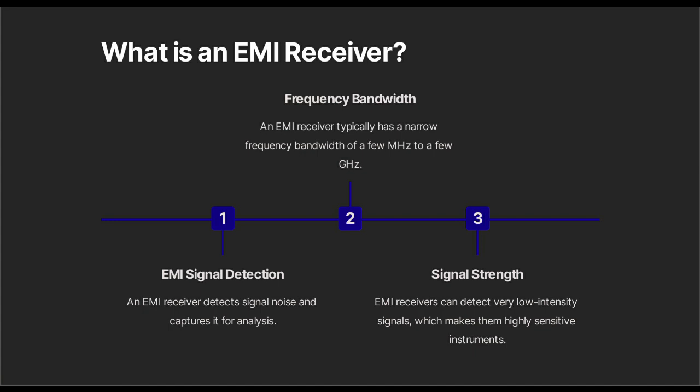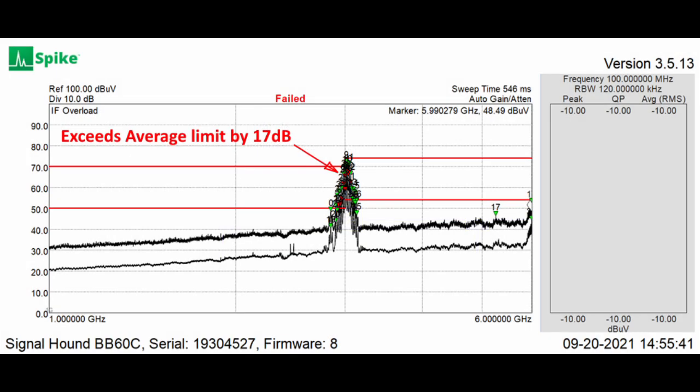An EMI receiver detects signal noise and captures it for analysis. So here the EMI receiver not only receives the signal, it also detects the noise. Then in that noise we can identify the strength, the repeatability, and the average signals available in the environment for a particular span of time.